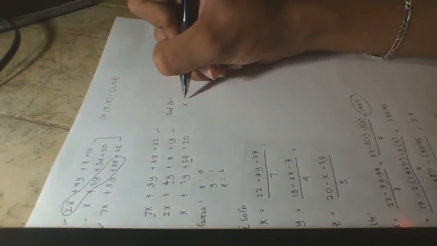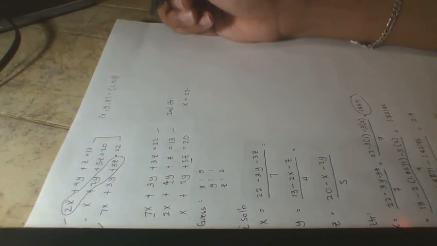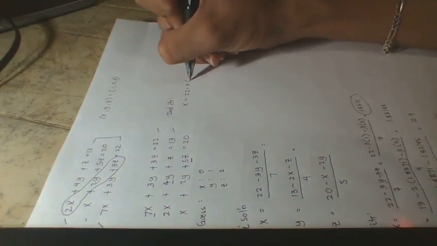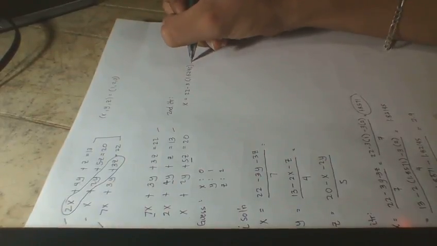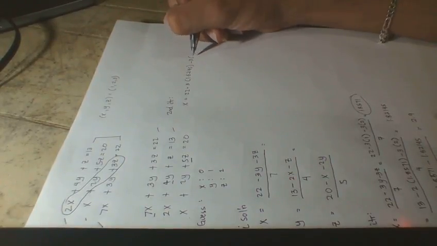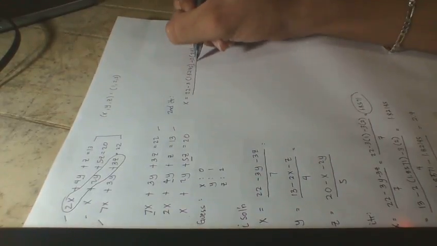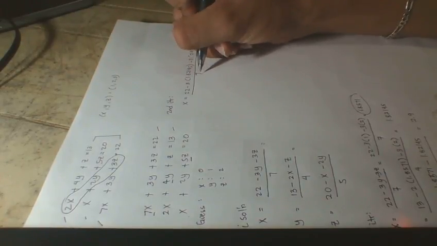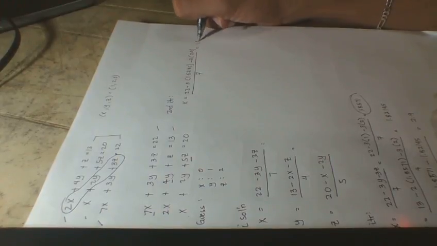Now our x will become 22 minus 3 times the updated value of y, which is 1.82145, minus 3 times the updated value of z, which is 2.9, all over 7. What we will get here is 1.1194.